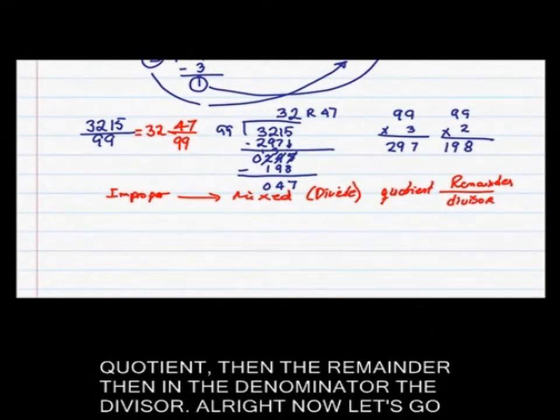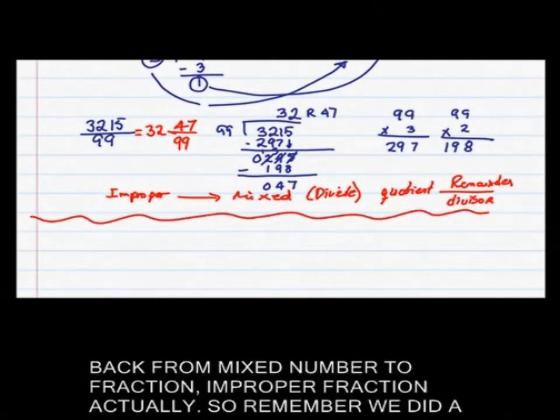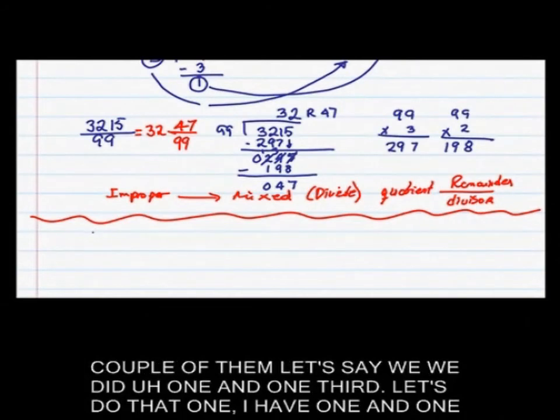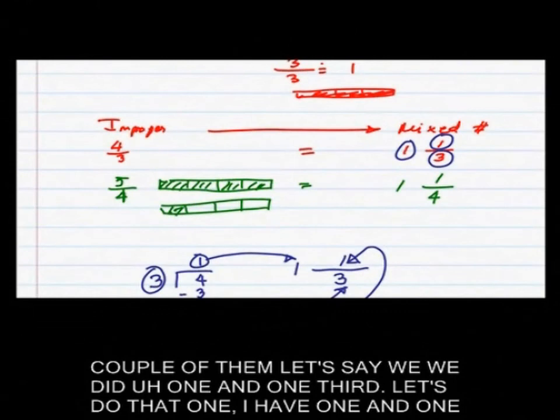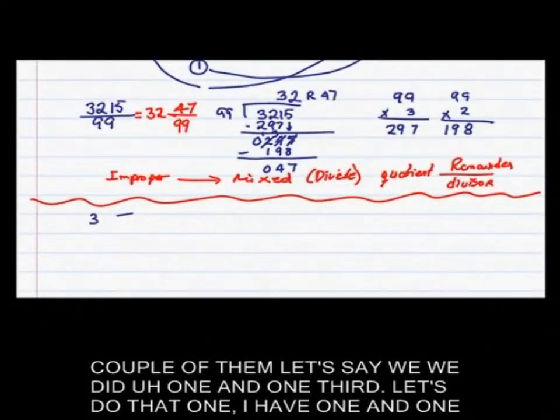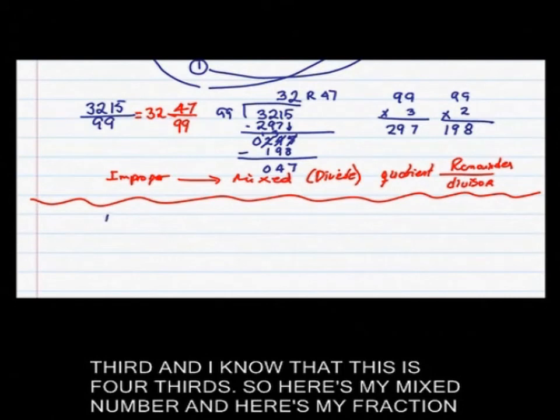All right, now let's go back from mixed number to improper fraction. Remember, we did a couple of them. Let's do 1 and 1/3. I have 1 and 1/3, and I know that this is 4/3.